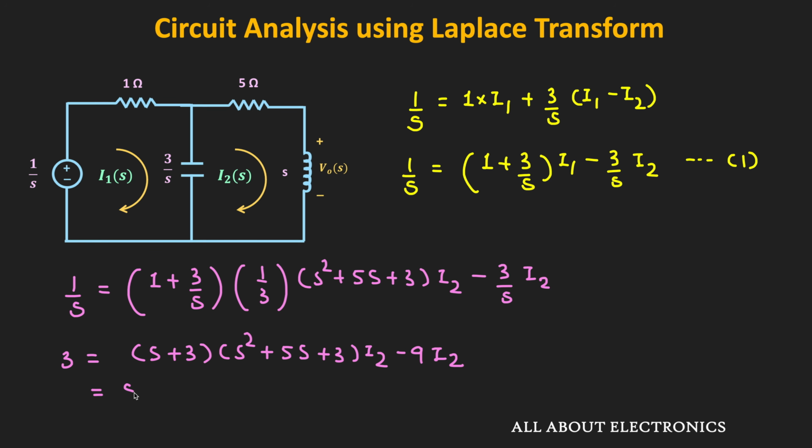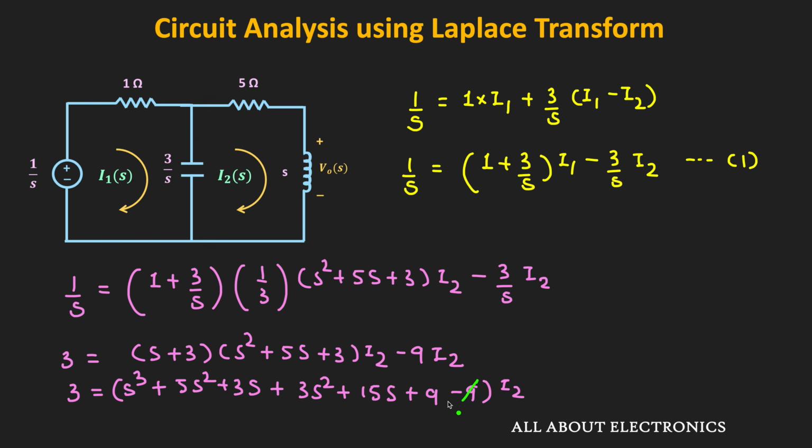or that is equal to S cube plus 5S square plus 3S plus 3S square plus 15S plus 9. And over here we will also have this minus 9. So we can say that this 3 is equal to this entire term times I2.